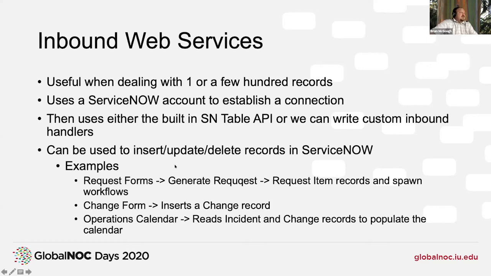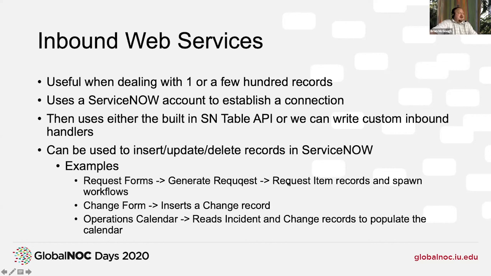Here are a few examples of what we're actually using this for. We have the different request forms that we've built out, and we've got some active projects around that. Those are generating requests, which I should have looked at the spelling there. Bad, Brian.